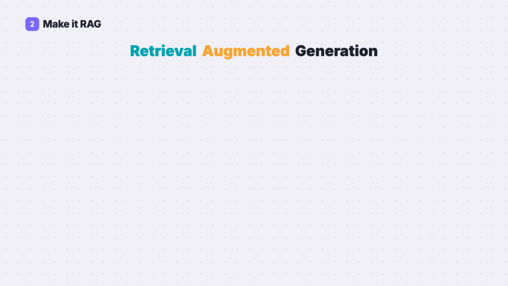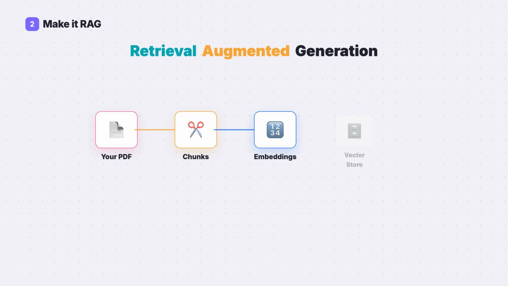3 steps. First, ingest. Load your file, split it into chunks, turn each chunk into an embedding, numbers that capture meaning, and store them in a vector store. We use Supabase, free to start. Run it once, and your PDF is now searchable by meaning.